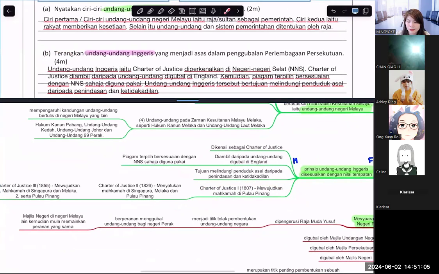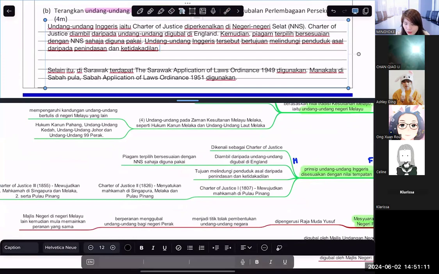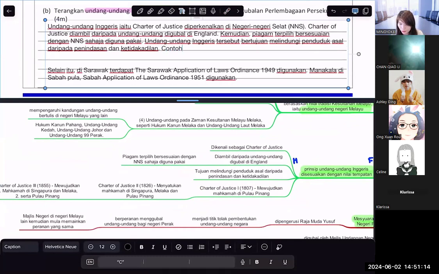For example, Charter of Justice 1. The 1 is the I, Roman 1.